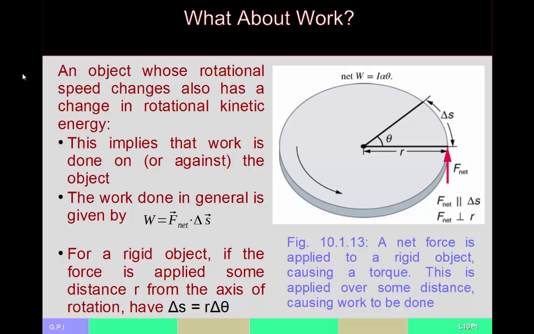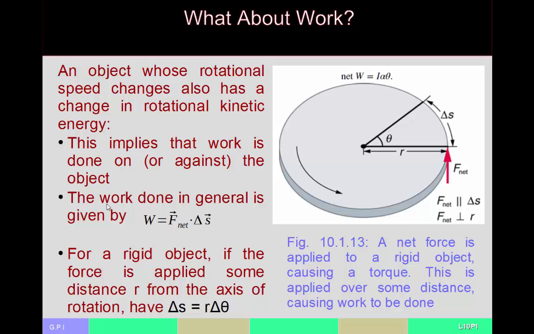All right, so this brings me to the question of what about work done against a rotating object? As you know, if you change the rotational speed of the object, then you change the rotational kinetic energy and hence the total kinetic energy. This is because the rotational kinetic energy is 1/2 times the moment of inertia times the rotational speed squared. The work done on or against the object must be equal to that change in rotational kinetic energy.